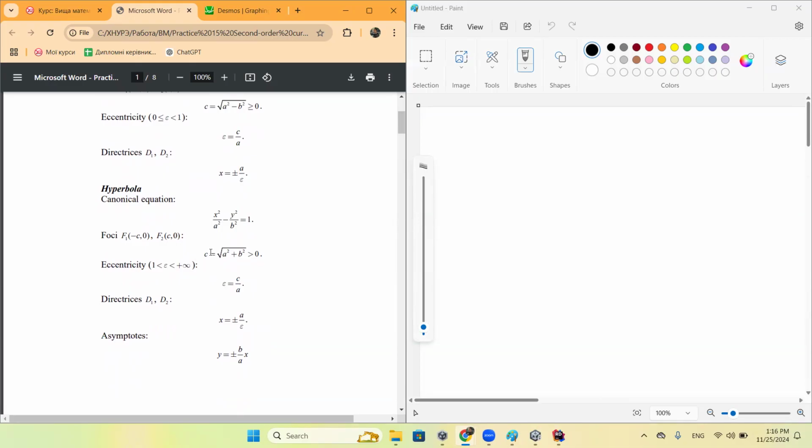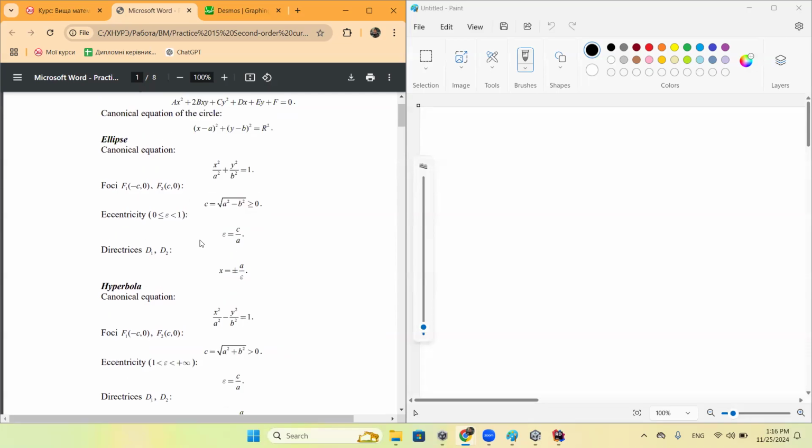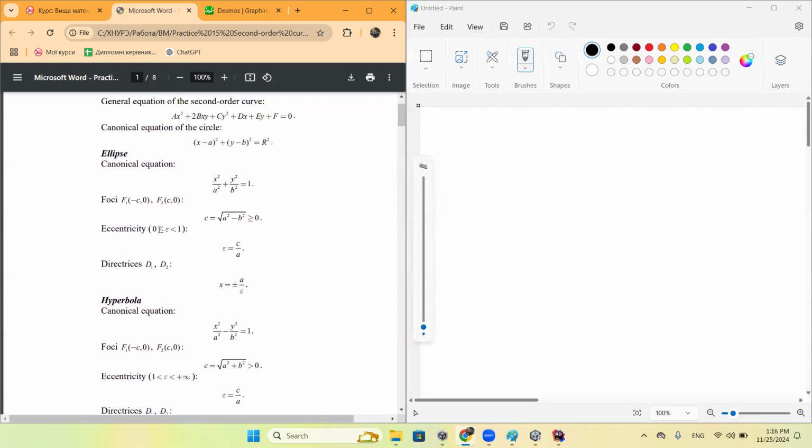As well, we can calculate the foci for it, and the foci coordinates. Be careful that for the ellipse we have minus under the square root and plus for the hyperbola. The eccentricity for the ellipse is from 0 to 1, excluding 1. For the circle, it's always 0.